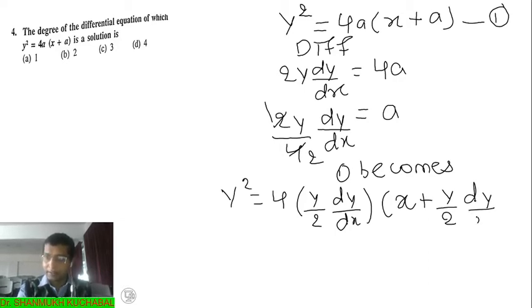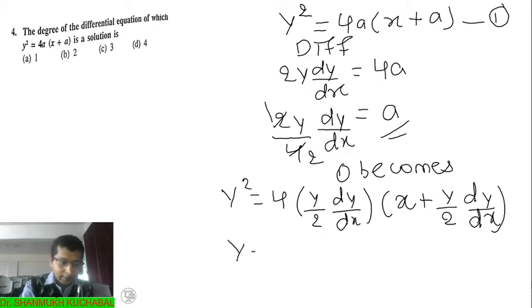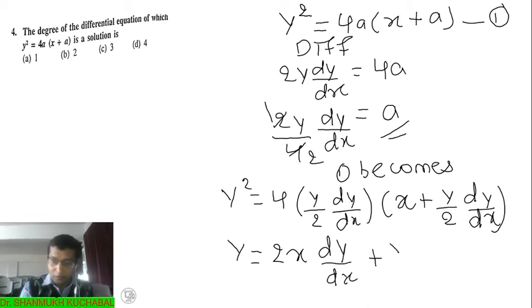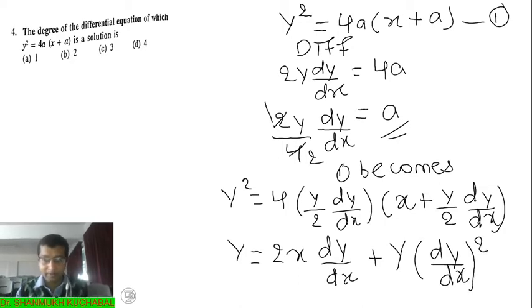So in equation 1, wherever we get a, we have replaced it by y by 2 dy by dx. If we simplify this, we get y equal to 2x times dy by dx plus y times dy by dx whole square after simplifying.